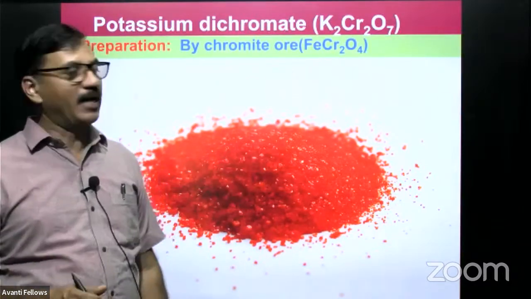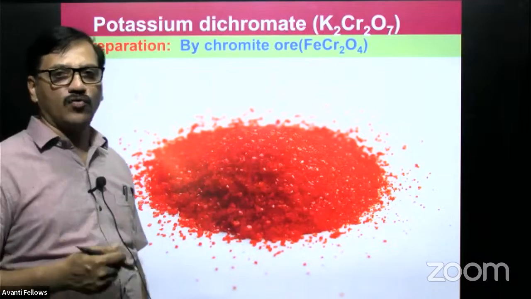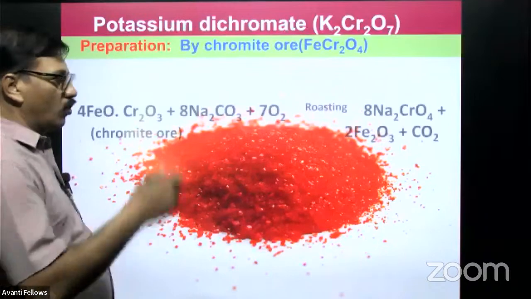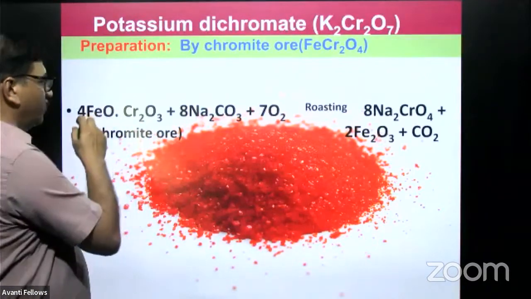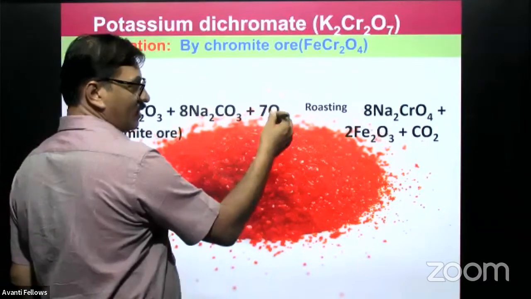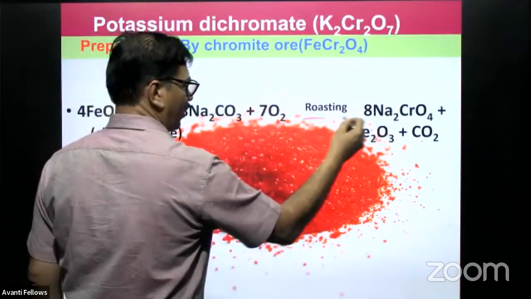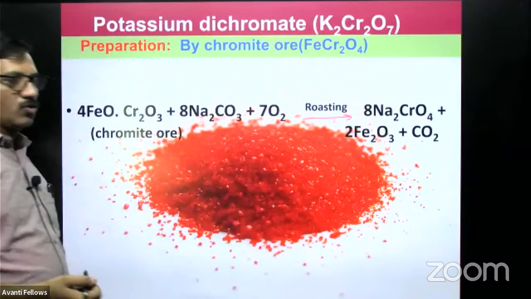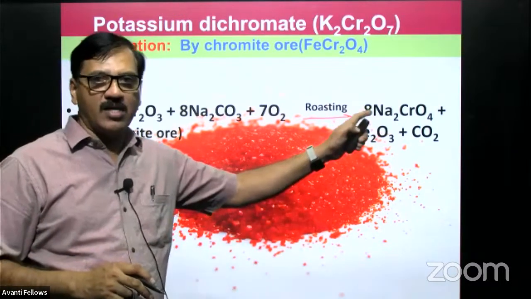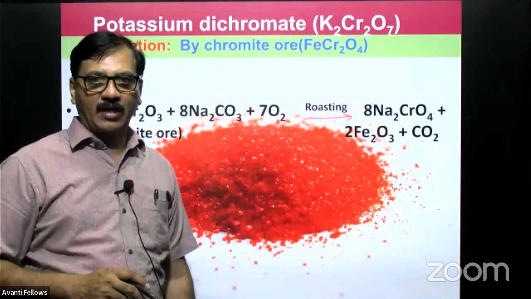chromite. Chromite is FeCr2O4. So how it is to be prepared is chromite is fused with sodium carbonate and oxygen and roasting is done so that it is converted into sodium chromate, Na2CrO4. It is yellow in color.